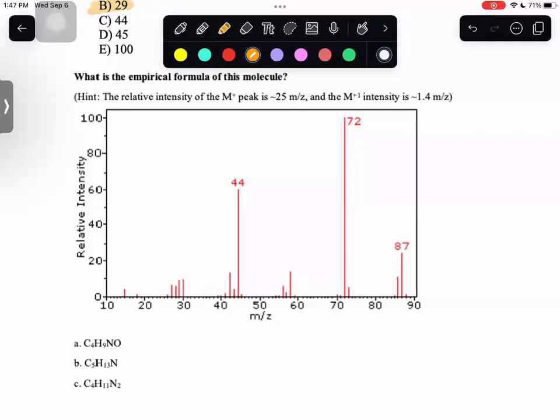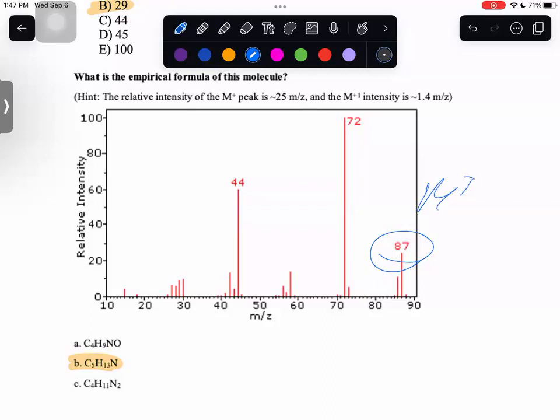Okay, so for this one, as I told you guys, you didn't even have to do the math. B is the answer. First thing I'm going to notice is the M plus peak.